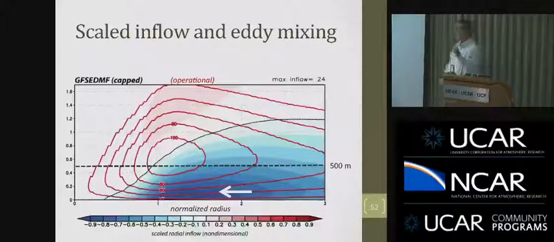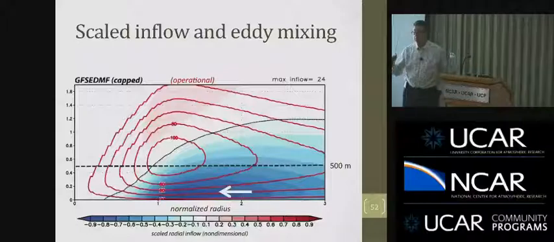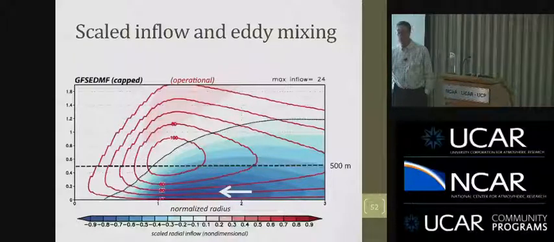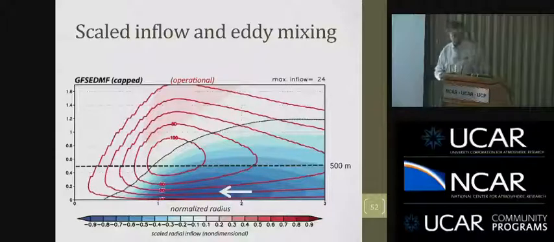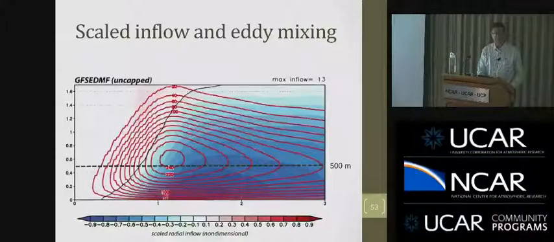This is the GFS scheme as used operationally. This uses what I call the cap. The cap is what Peggy and I put in there. It was an attempt to restrain the mixing and keep it within the range of Jun Zhang's observations. This is what happens if you don't use the cap. Okay? So the eddy mixing field looks very similar, except it's definitely much, much larger in magnitude.